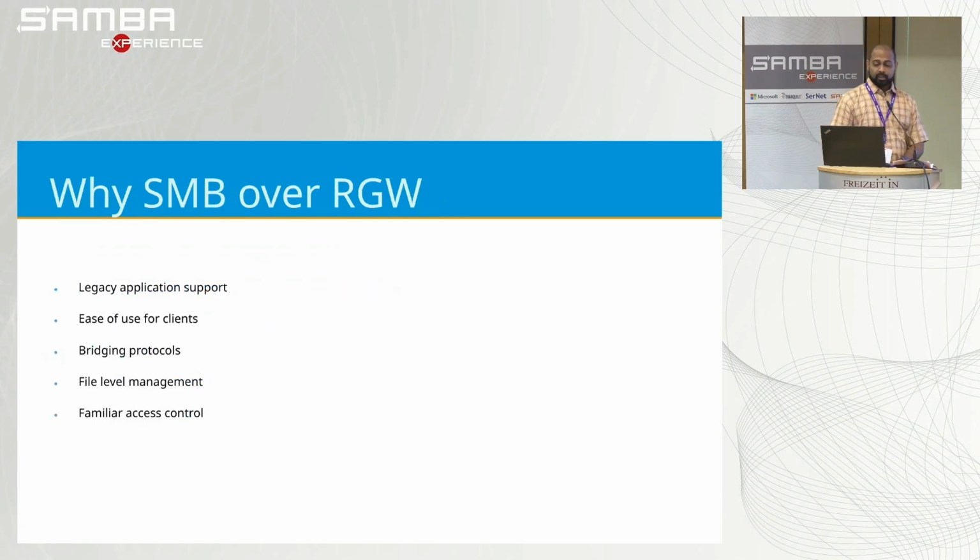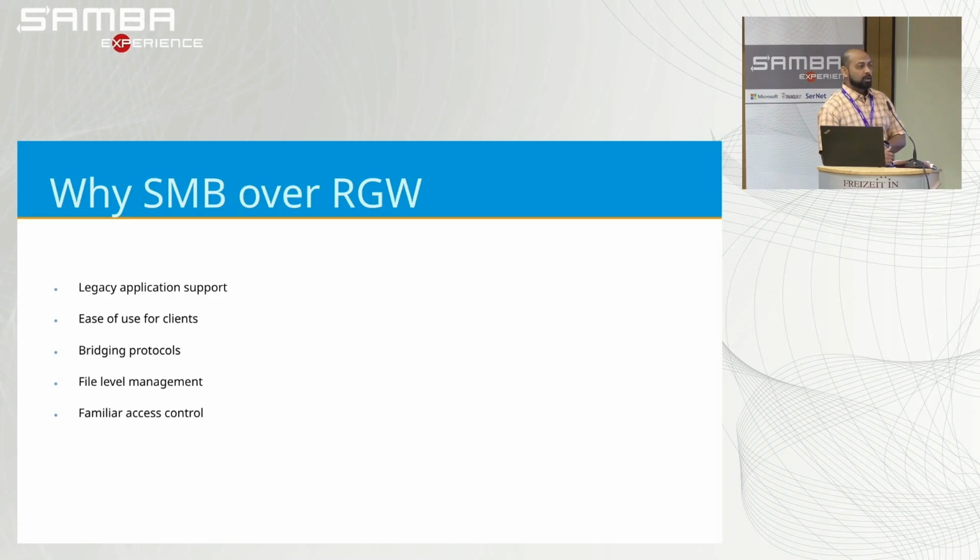So why do we need SMB over RGW? The foremost reason is legacy application support. Almost every one of us is used to having a mounted file system of some kind, and our applications are written in that context, knowing there is a file system, either network attached or local. So it provides ease of use for clients as well, and it supports legacy applications.